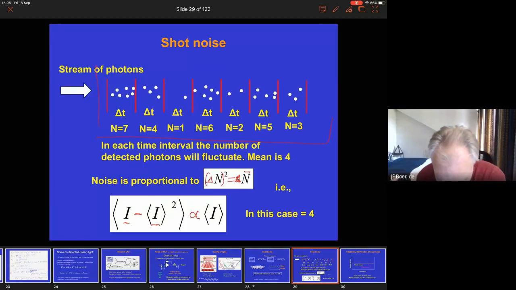And this is a very interesting expression. So the variance is equal to the mean. That is a relatively large noise.